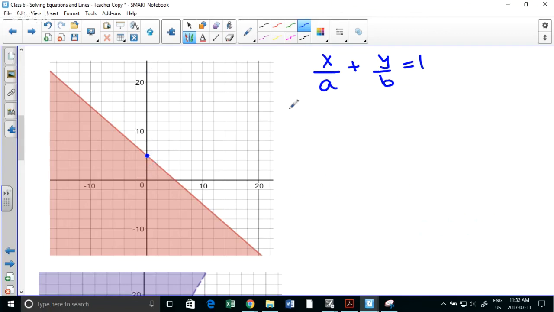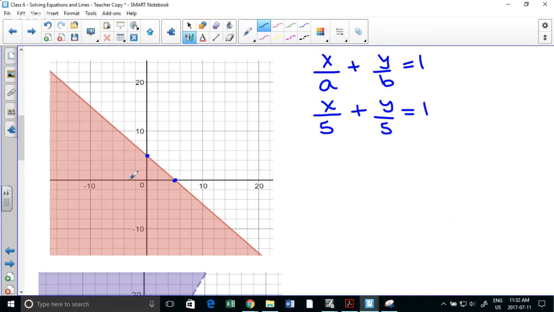So this is 5. This is 2, 4, 5 as well. It's going to be clear on the graph what those numbers are. So this is the rule of my line. I don't have to do the y equals ax plus b and solve and all that nonsense, because I have symmetric form, and look how easy that is.